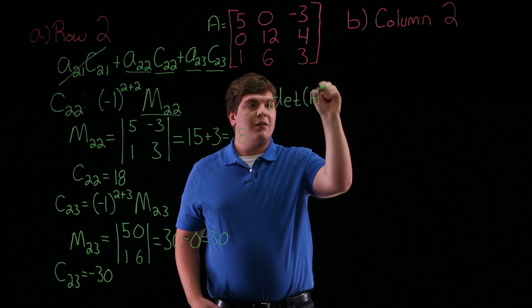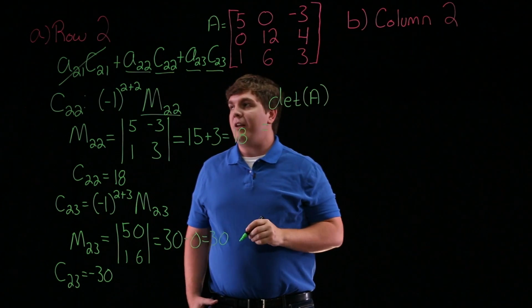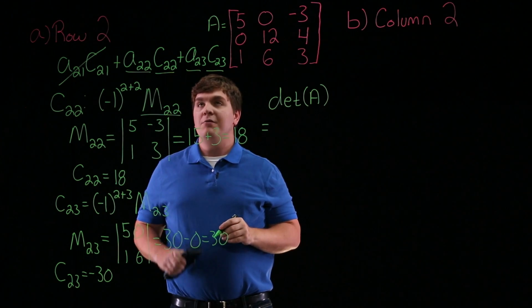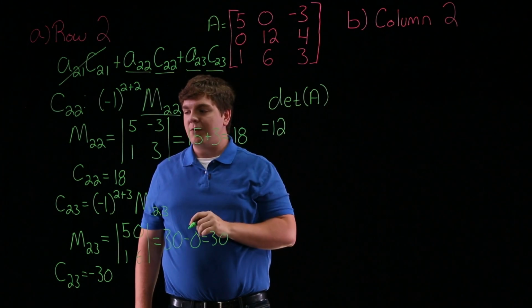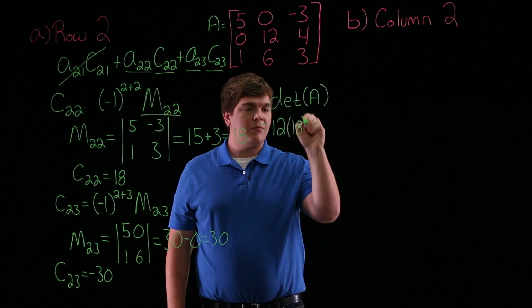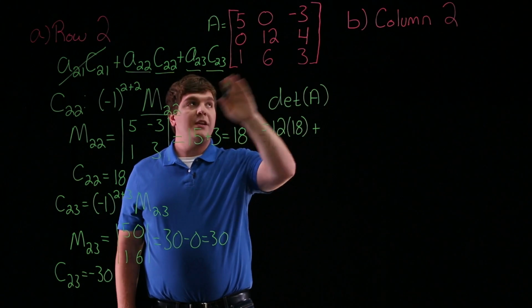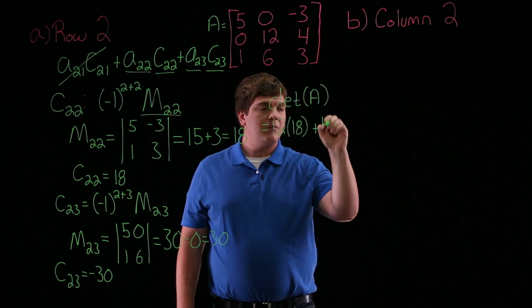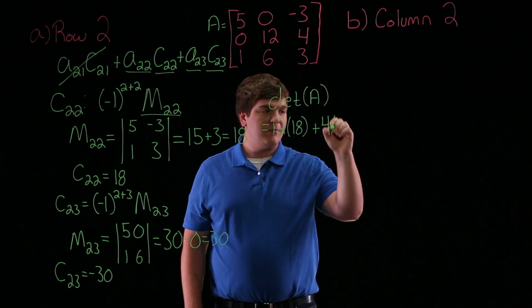So the determinant of A along the second row is going to be equal to A22, which is 12, times C22, which we found to be 18, plus A23, which is 4, times C23, which is -30.